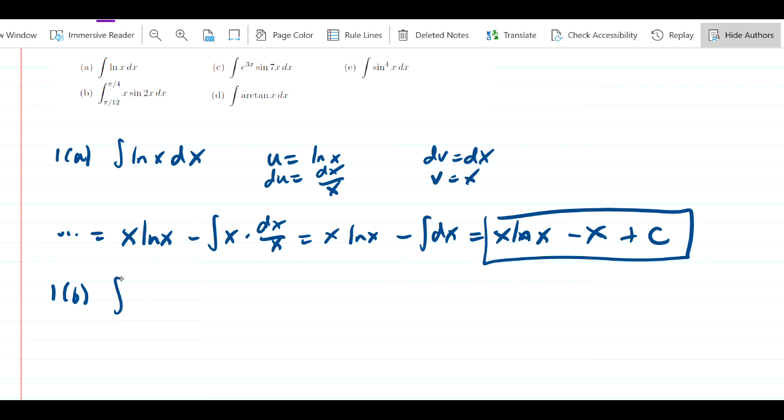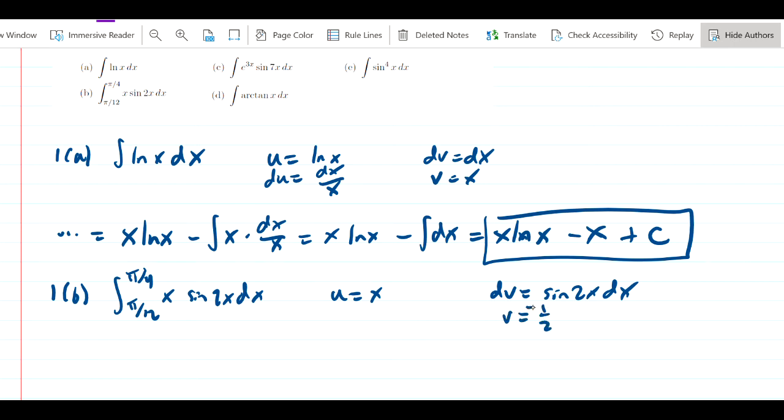So let's see, 1b. This is the integral from pi over 12 to pi over 4 of x sine 2x dx. We're going to let u equal x, dv equal sine 2x dx. So v equals negative 1/2 cosine 2x and du equals dx.